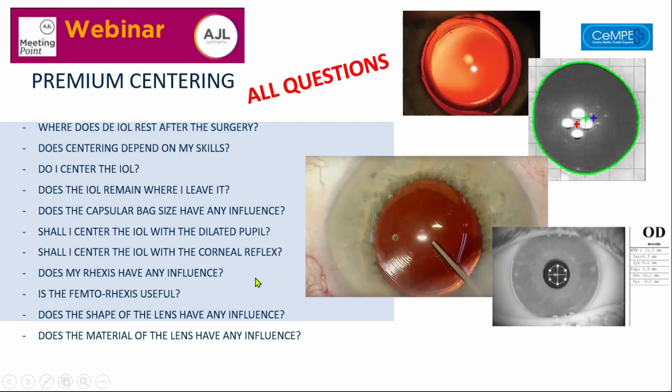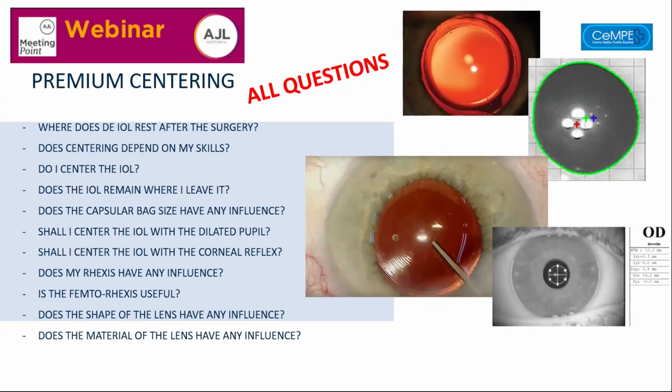Okay, this is a pretty good point. Smaller rhexis tend to reduce the mobility of the lens inside the bag, mostly mobility and rotation, like in cases of toric lenses.